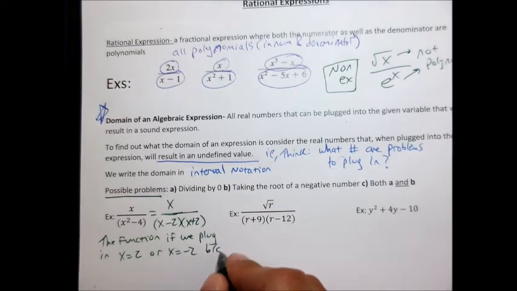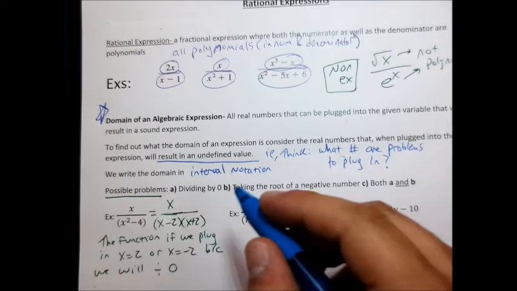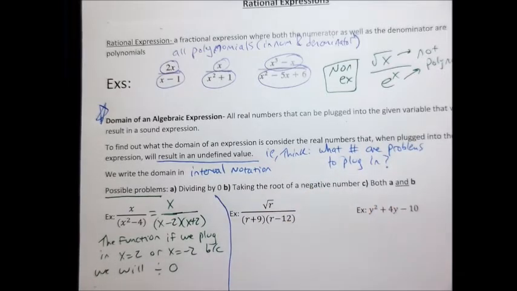And so that's indicating to us that 2 and negative 2 are not in the domain. Those are the only two numbers we're not allowed to plug into this particular function. Any other number you can think of is okay. 0 is fine, a million's fine, 2.8 is fine, pi is fine, right? Any number except 2 or negative 2.